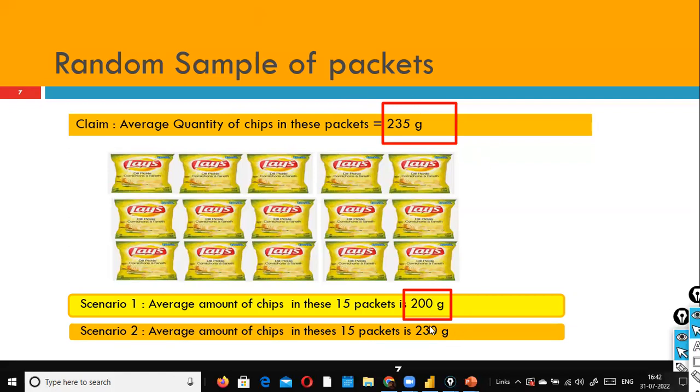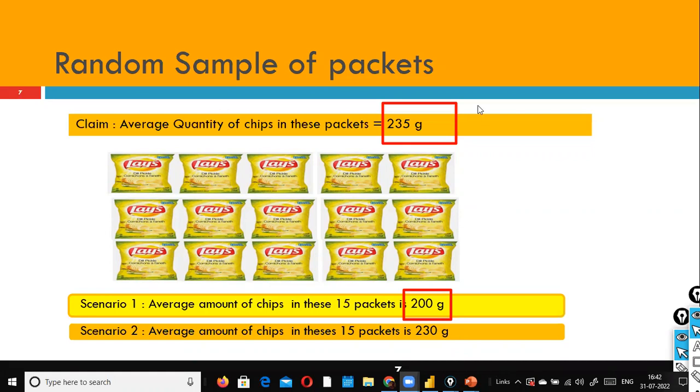I'm getting 230 gram after unpacking these 15 packets, and if I weigh them, the average amount of chips in each packet is, let's say, 230 gram. But they printed 235 gram, whereas 230 gram is there. Two scenarios: one is 200 gram and one is 230 gram. If it is 200 gram, it is way too low. Since it is 230 gram, the difference is very small, it is negligible.